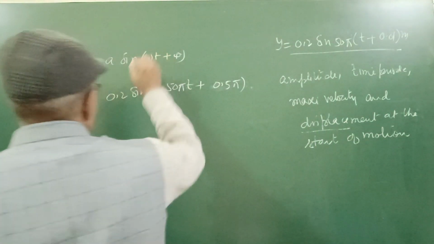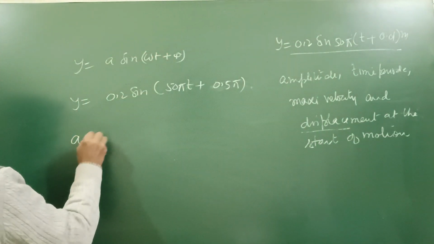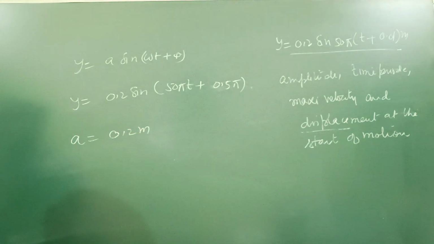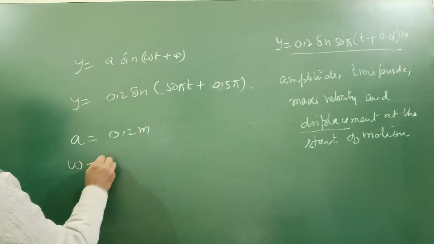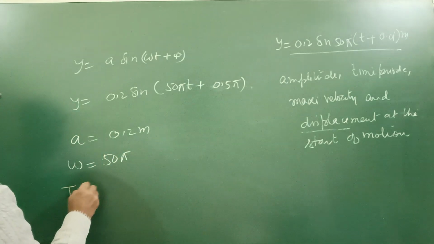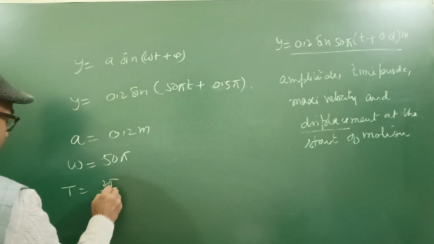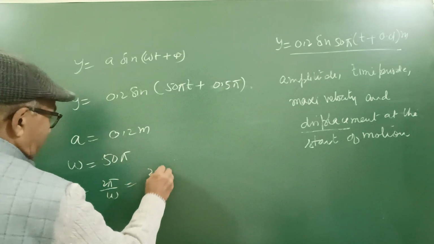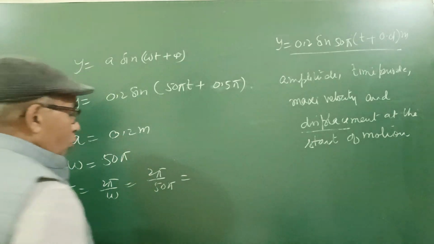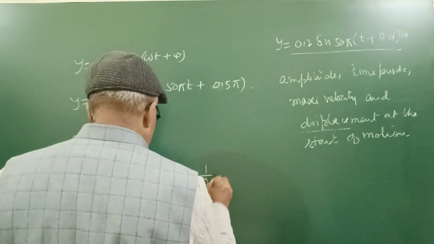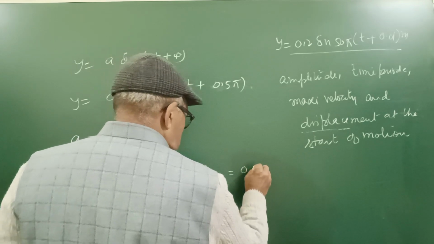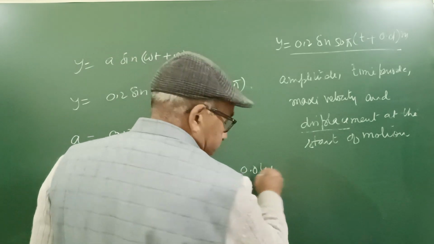We compare it with the general equation, so the amplitude is 0.2 meter and omega is 50 pi. T equal to 2 pi upon omega, which is 2 pi upon 50 pi, which is 1 upon 25, or 0.04 second.